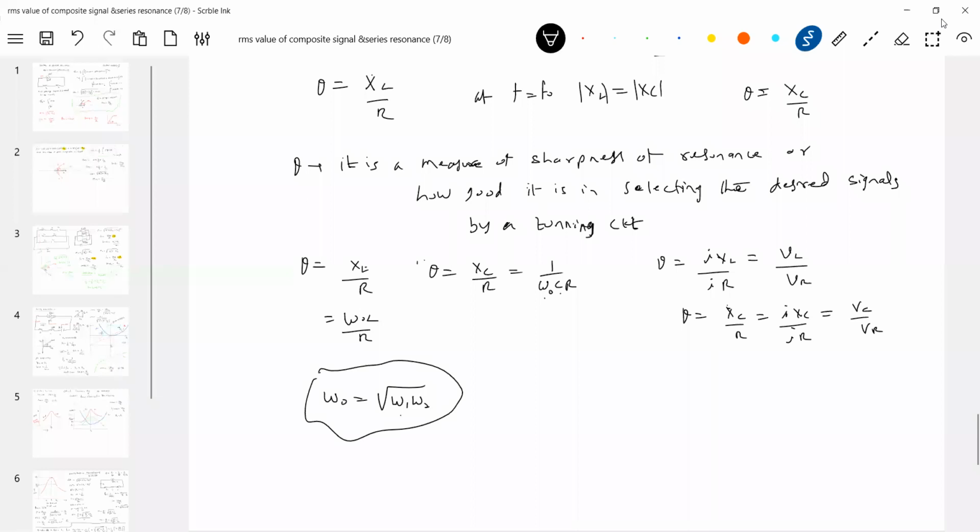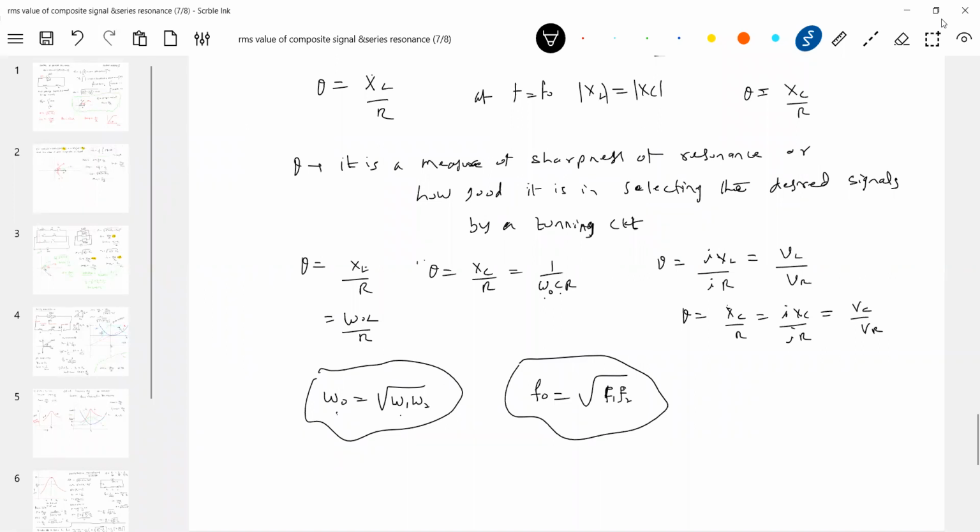The cutoff frequencies are related to the angular frequency by this particular formula, or F naught. You do have problems in books. So if you know the formula, you can manage here. So you know F1, F2, how I brought it. Take help of that and you can get this relationship by doing some approximation.